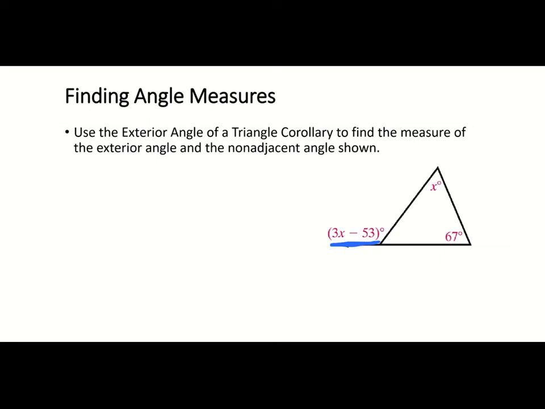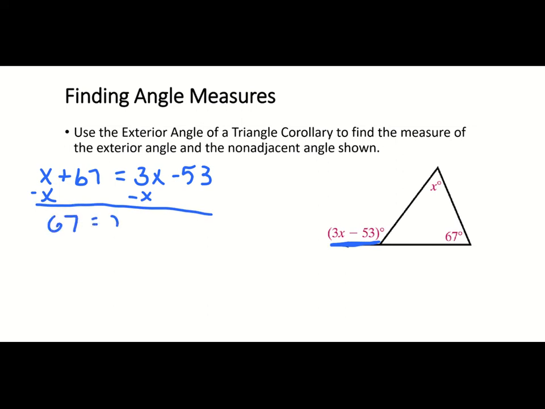So if I take x plus 67, it will be equal to 3x minus 53. We're going to solve the equation. So I'm going to subtract x from both sides. I'll get 67 is equal to 2x minus 53.